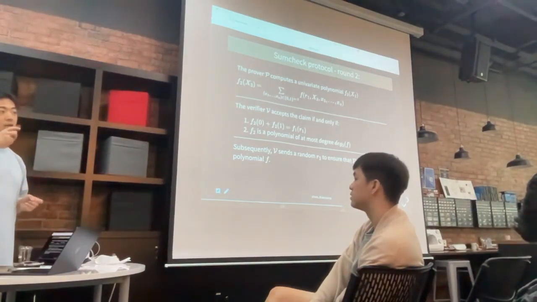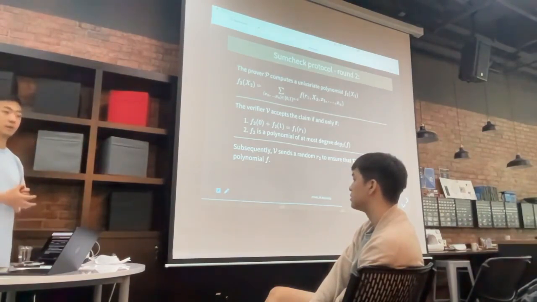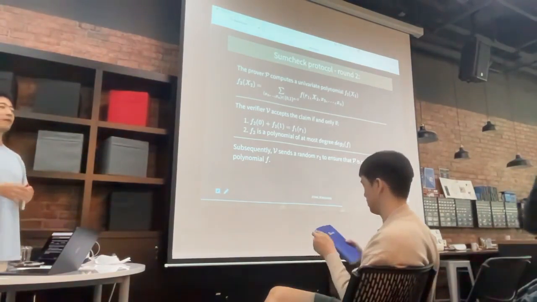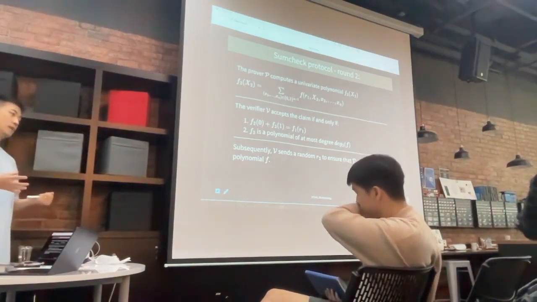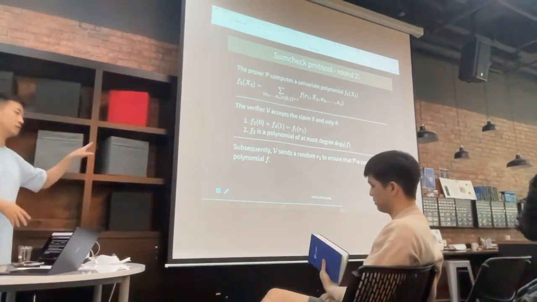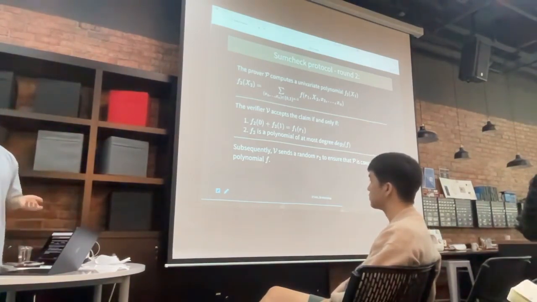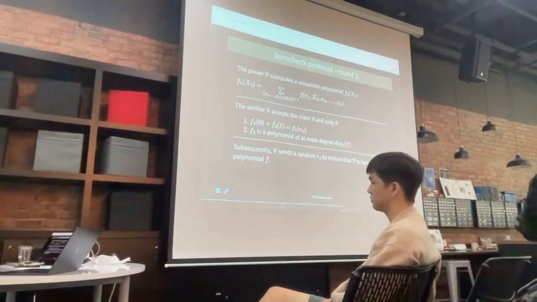So if Wenkan gave me the correct f2 univariate polynomial, then if I examine that by evaluating at 0 and 1 and sum, the value equals f1 of r1. Wenkan, you're keeping the consistency.